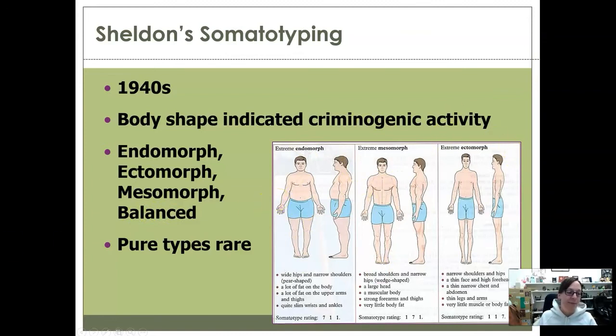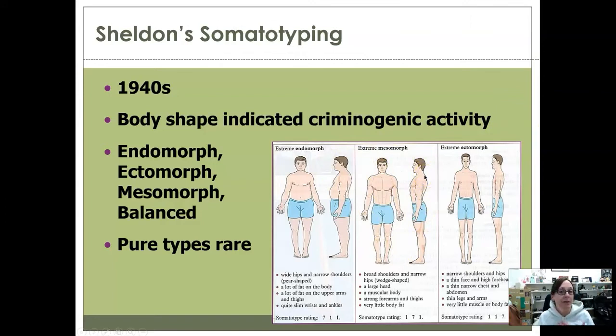But based on his analysis of his 200 juvenile delinquents compared to college students, it was mostly mesomorphs in the delinquent group and mostly ectomorphs in the college group. And so from that, he determined that the mesomorphs are the most likely to be criminal, especially violent. And part of that is because of the physical capabilities.